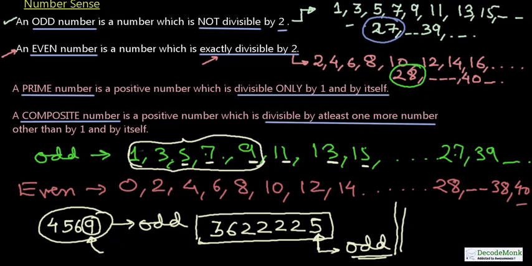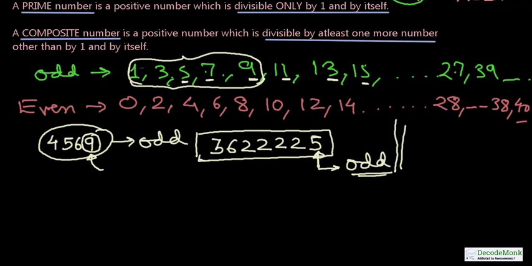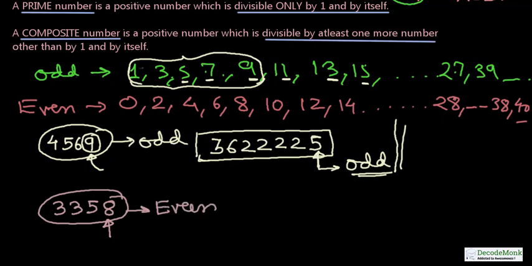Similarly, if you have a number like 3358, you can see the unit place digit is not 1, 3, 5, 7 or 9, it is 8. So this number is an even number. So if the unit place digit is 0, 2, 4, 6 or 8, that number is an even number.